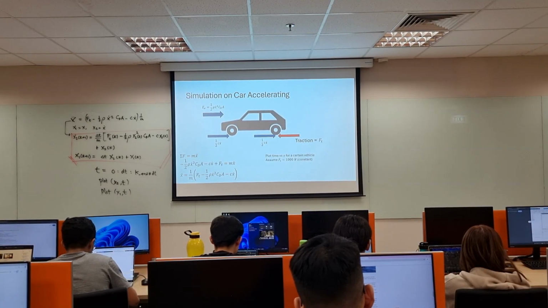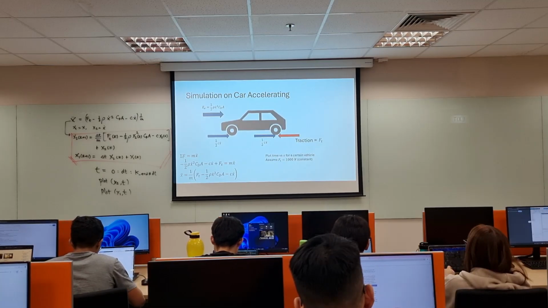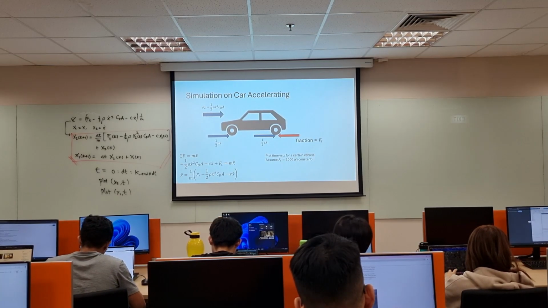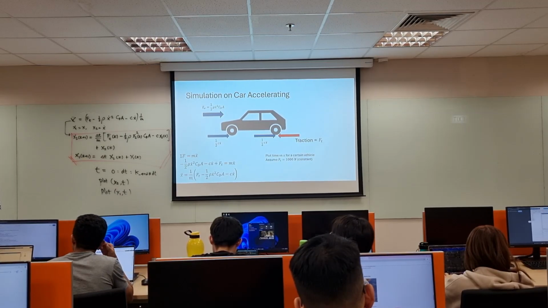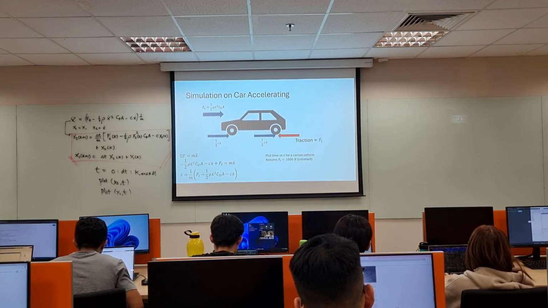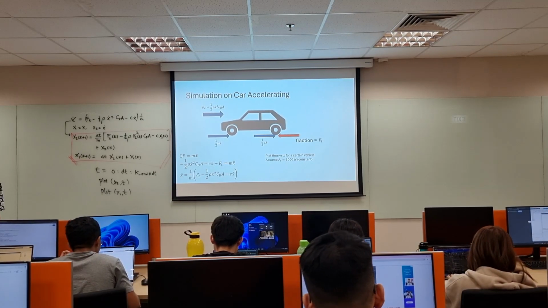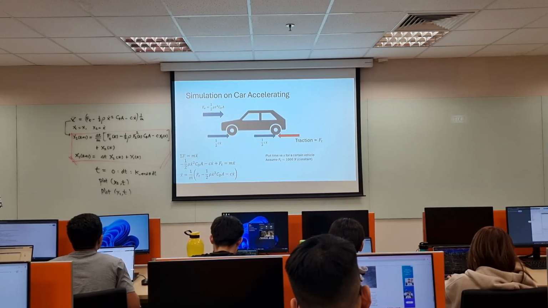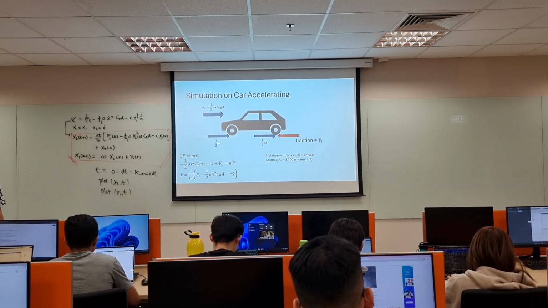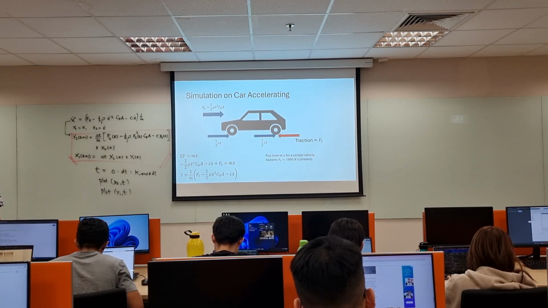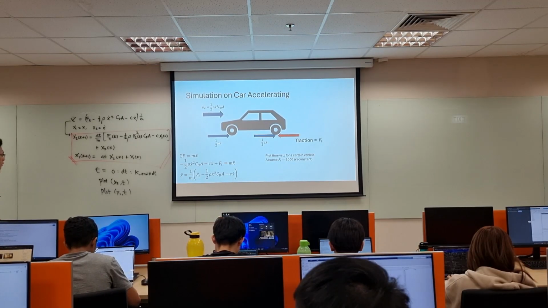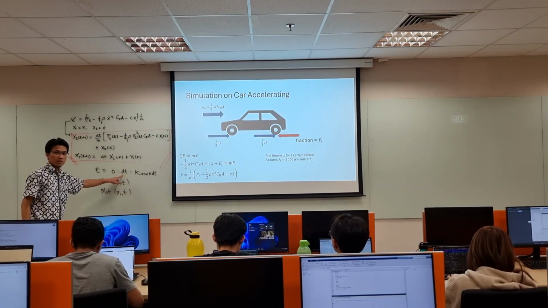The C is the friction coefficient, arbitrary. You put a small number, let's say 0.1. Normally it's very small, 0.001. Yes, this is the delta t.